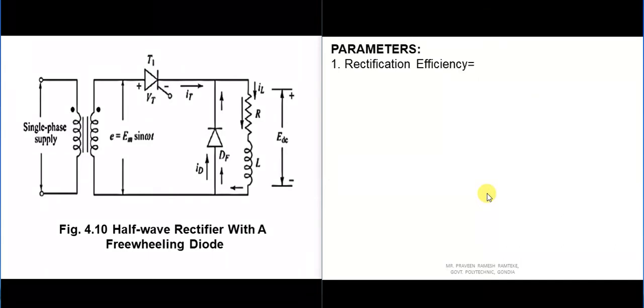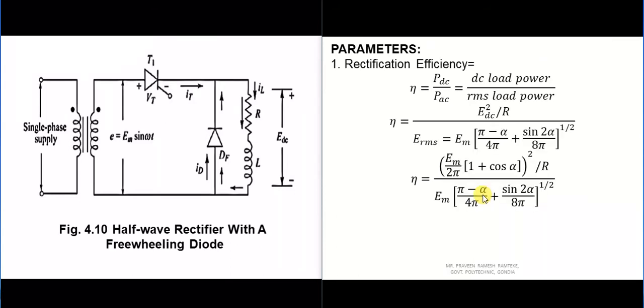Now we will see what is the efficiency of this rectifier. Now the rectifier efficiency is given by eta. It is the ratio of output DC power obtained across the load to the RMS load power. So it is given by the equation E square DC by R. And what is ERMS?